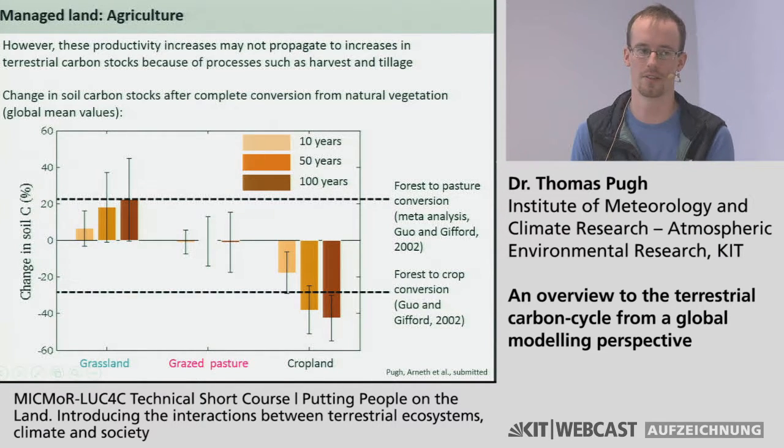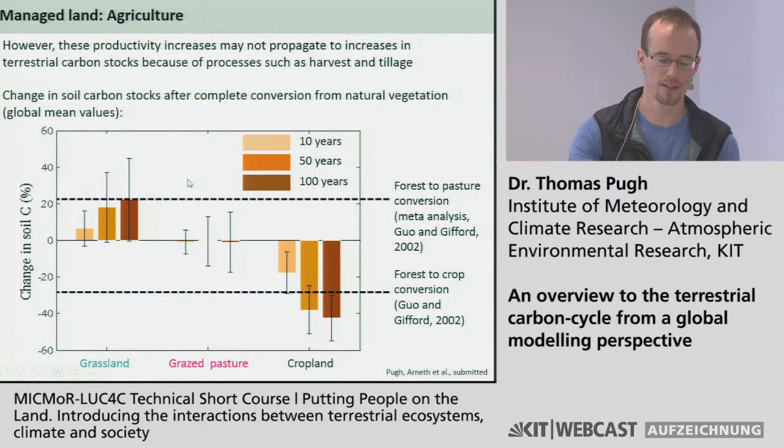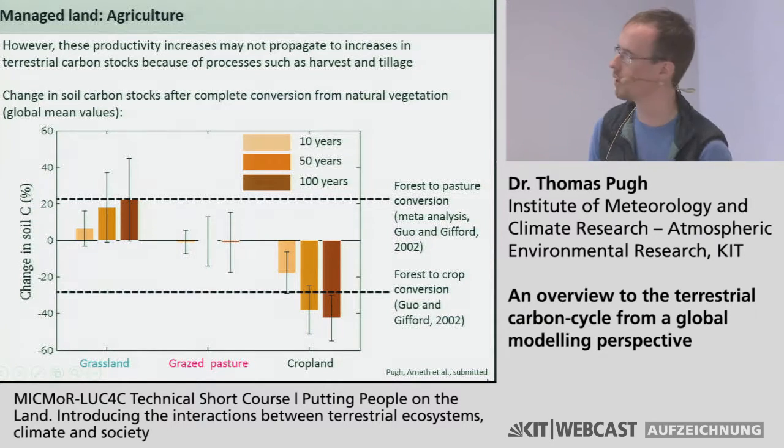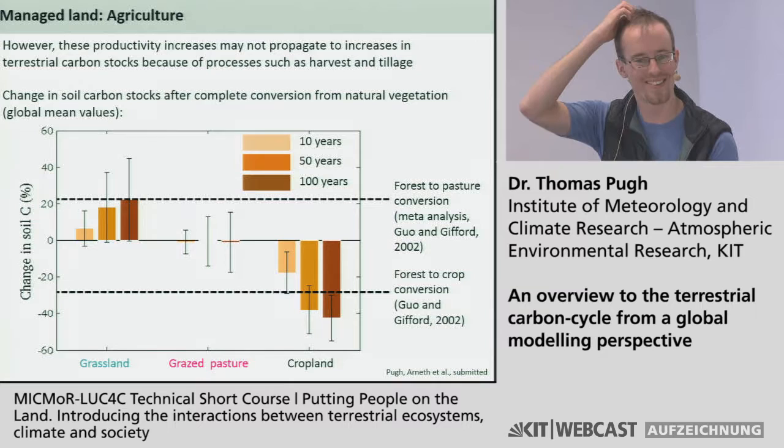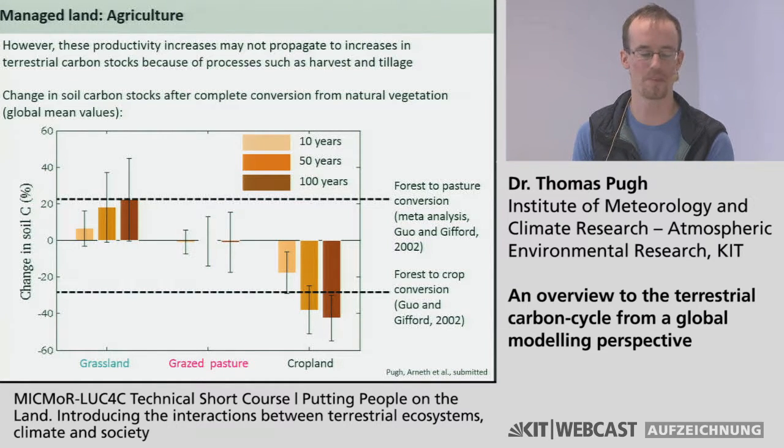And this is due to some changes mainly in how the allocation and turnover happens within the system. But once you start grazing that grassland, then you probably come out with some kind of more equal response. The soil carbon response as an average isn't particularly different, although there's a huge spatial variability. Some places show an increase, some places show a loss. And of course it depends on the intensity of the grazing.